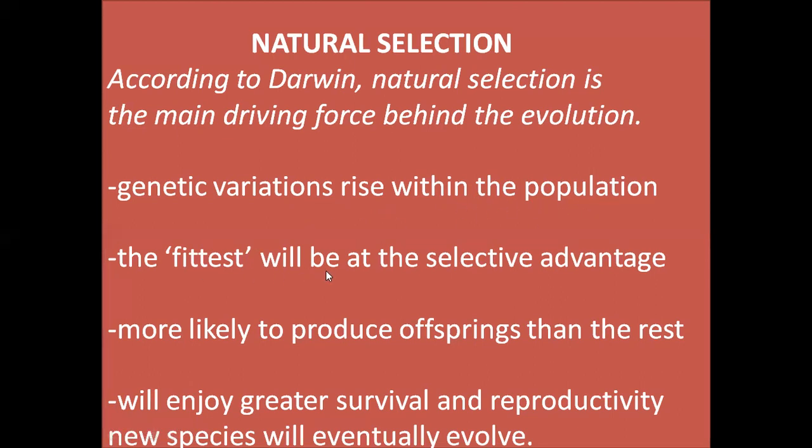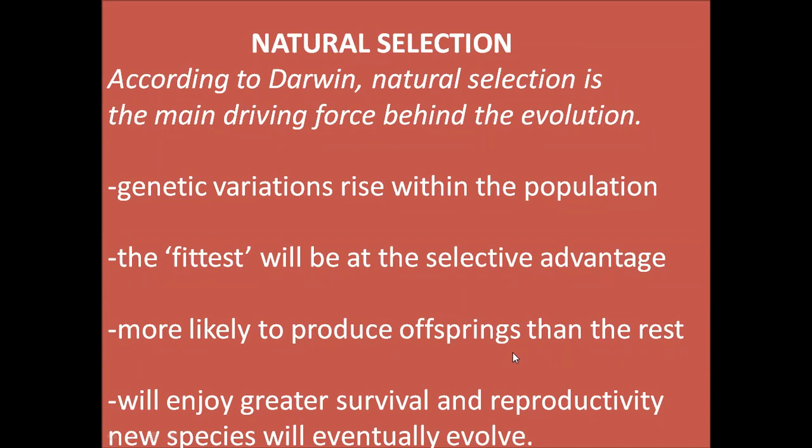The fittest will be selected and have a selective advantage. The birds which cannot eat the grain will die. For this purpose, the size of the beak should be smaller. The birds which cannot eat the fruit with a small beak will not be selected by nature, and are less likely to produce offspring than the rest.